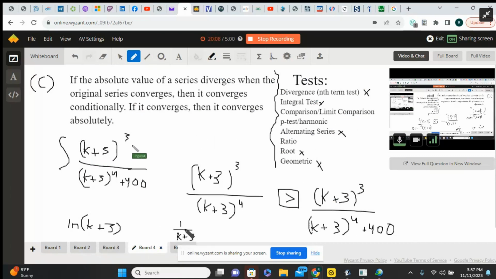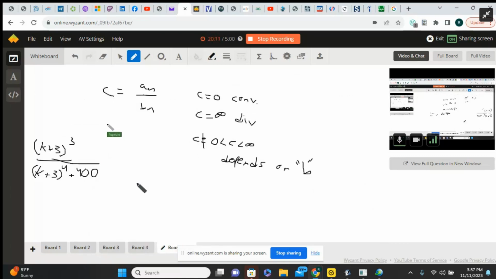So I'm really multiplying by the reciprocal, times k plus 3.